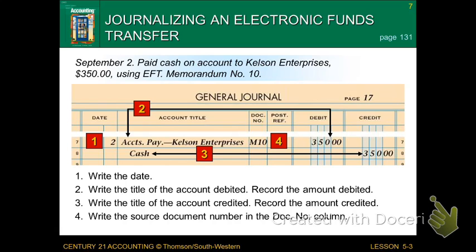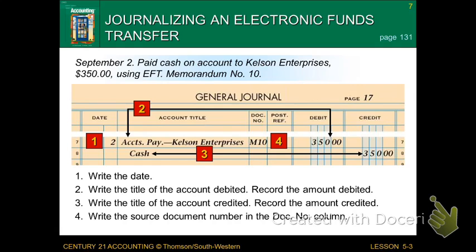In this example, on September 2nd, we paid cash on account to Kelson Enterprises for $350 using an EFT. So we electronically transfer that cash on account to Kelson Enterprises according to memo number 10.